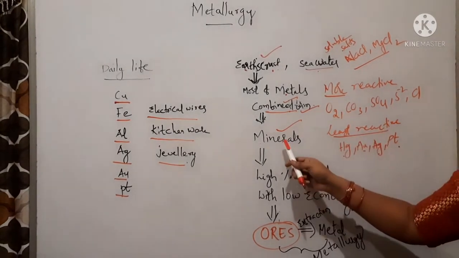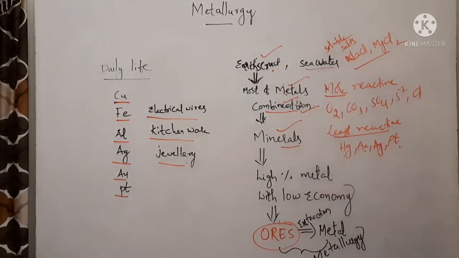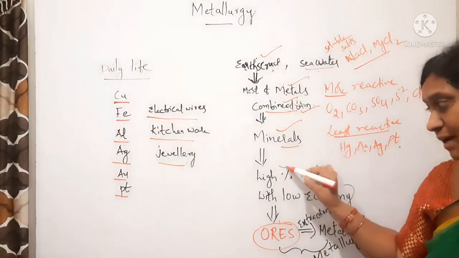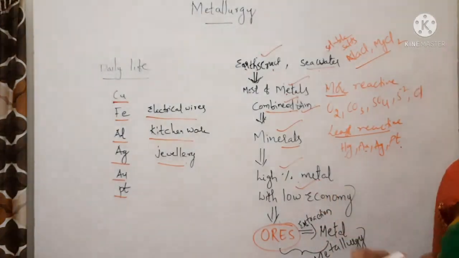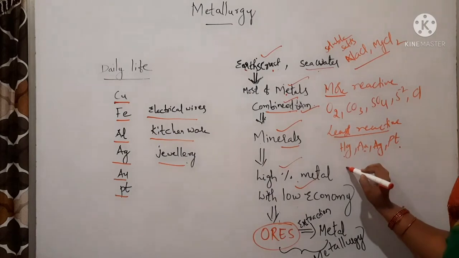But in order to extract a metal from these minerals, you have to consider two conditions. First, we have to get a high percentage of metal, and with low economy, that means with low cost. Only that mineral is to be selected to extract the metal.